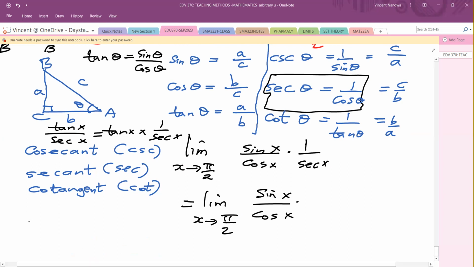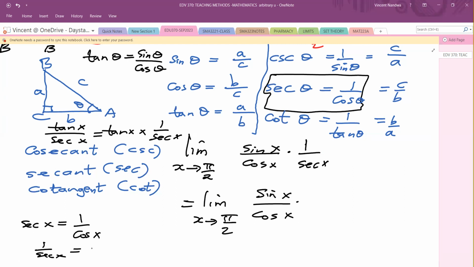So remember sec x is the same as 1 over cos x. So nikisema 1 over sec x itakuwa nini? It's like I'm getting reciprocal on both sides. Cos, sindio? Itakuwa cos. Sasa unatafuta reciprocal on the other side. So 1 over sec x is the same as cos x, sindio?